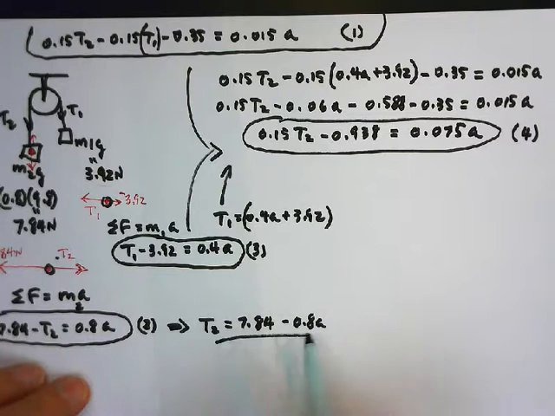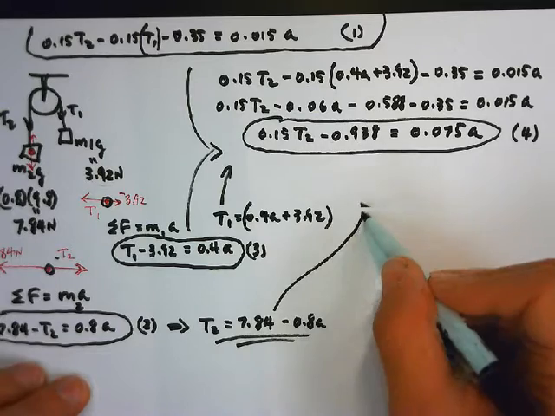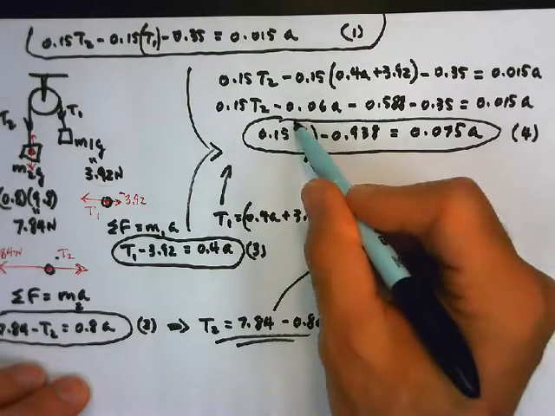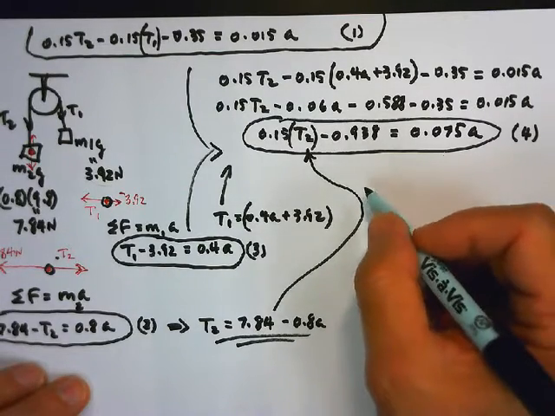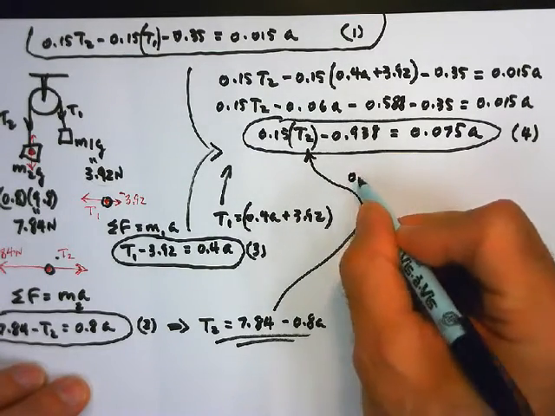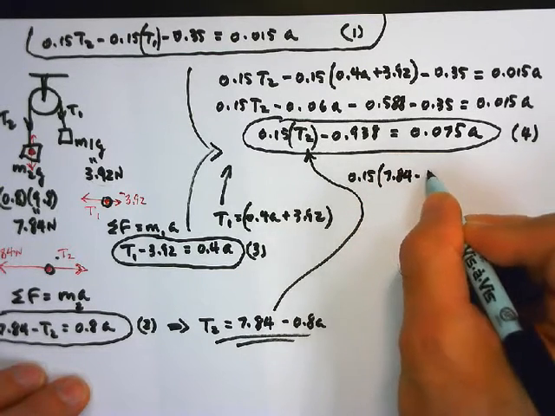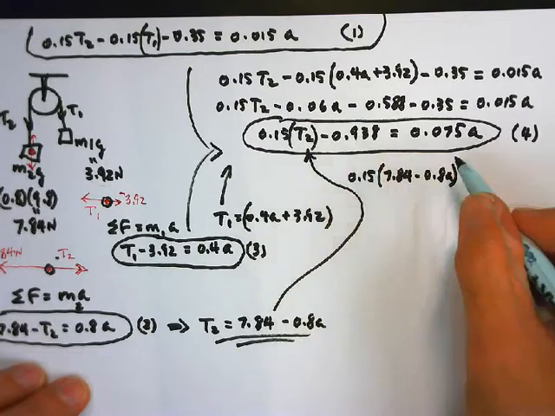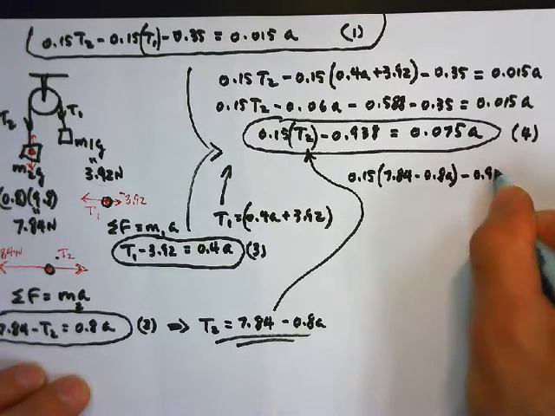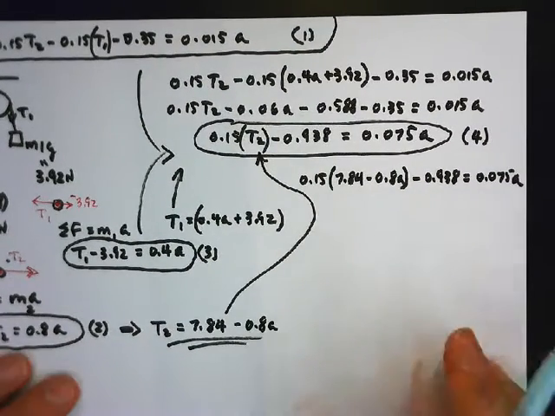Okay, so I can take that now and substitute T2 in up here, and now we can see what we get. All right, so I get 0.15 times T2, but T2 is 7.84 minus 0.8a, and then minus 0.938 equals 0.075a.